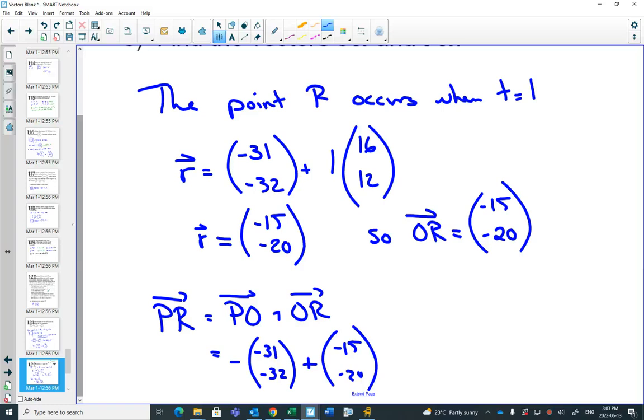When we simplify this, you get your direction vector that we had, which should make sense because P to R was how much you've traveled in 1 unit of time, which is exactly your direction vector. So you could either solve this by looking at the points, or you could logically say, I know that this would be the direction vector, and that would be fine as well.